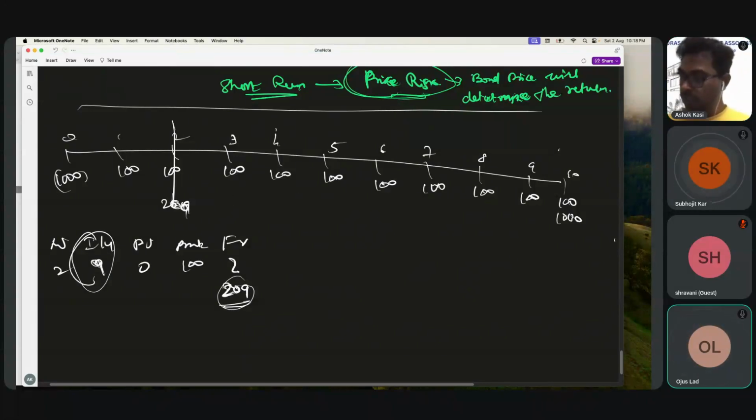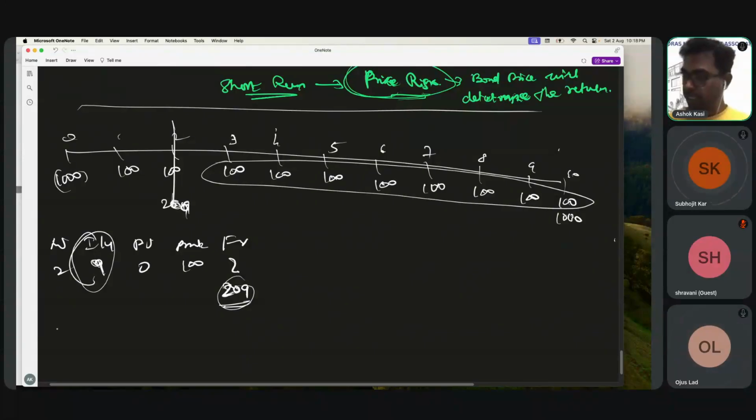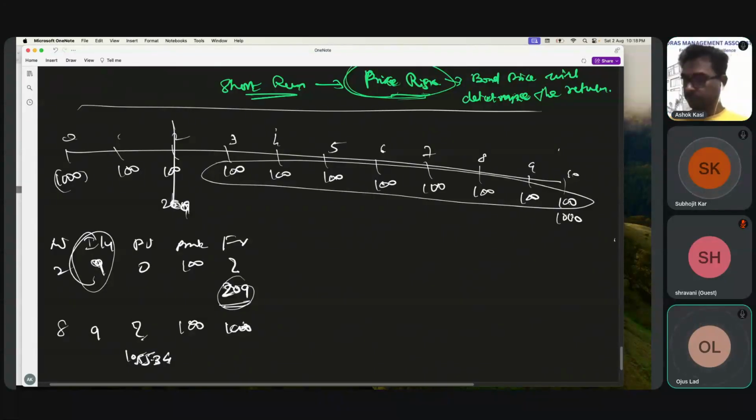From the bond price perspective, we have to find the present value, and it is 1055.34.